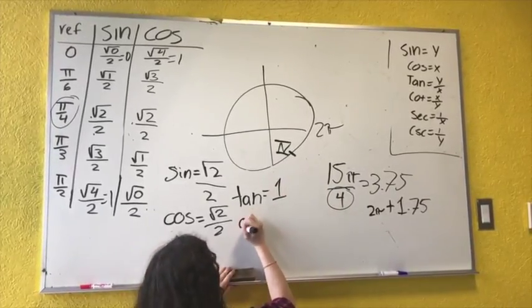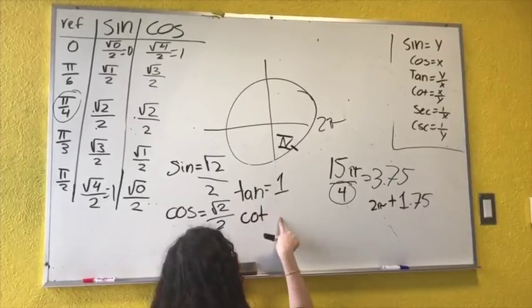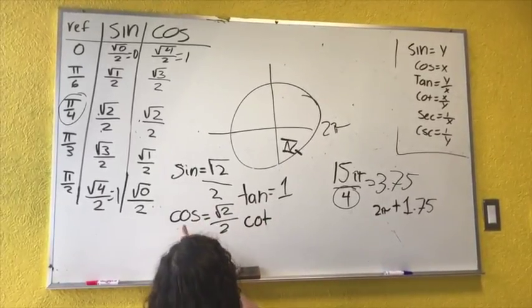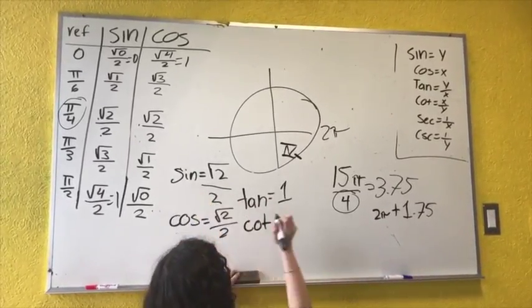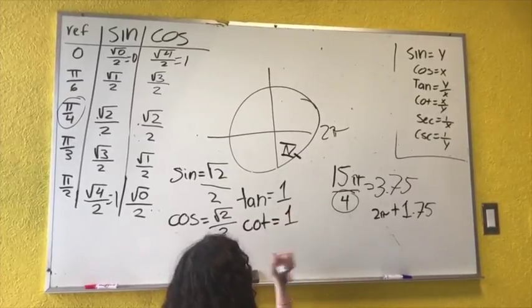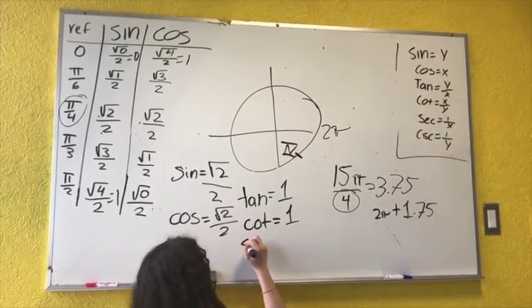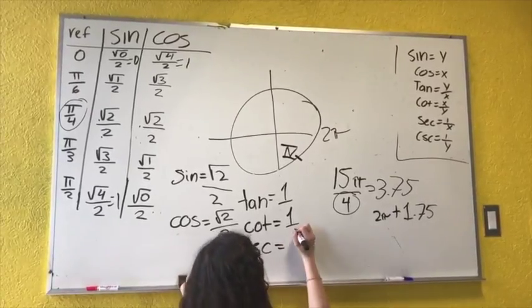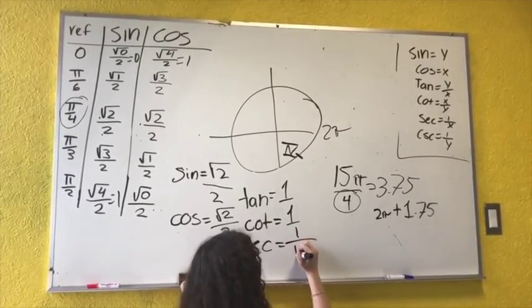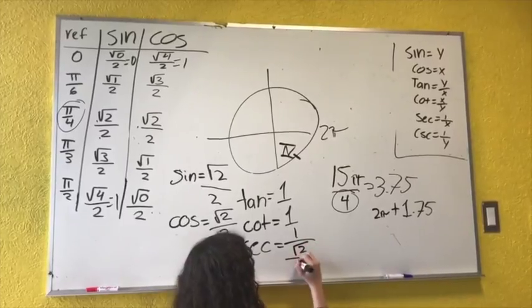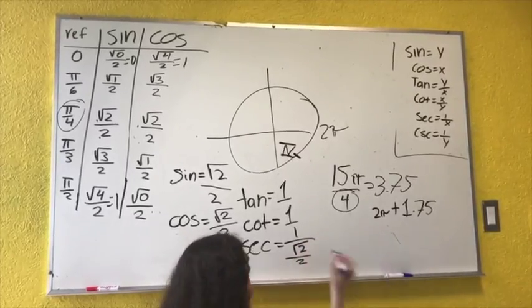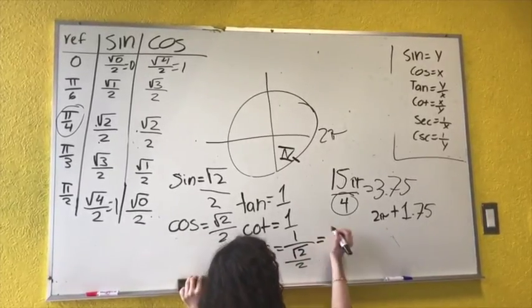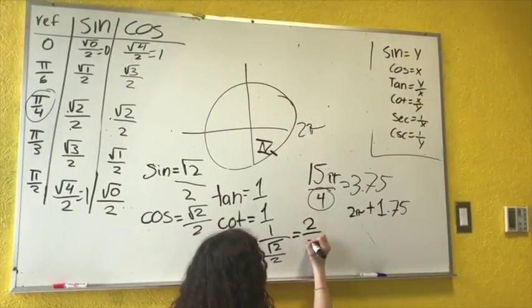Now the cotangent is gonna be the same, but cos over sine, so it's gonna be 1. And secant, it's gonna be 1 over cosine, so root square of 2 over 2. We use the law of sandwich, and it's gonna be 2 over the root square of 2.